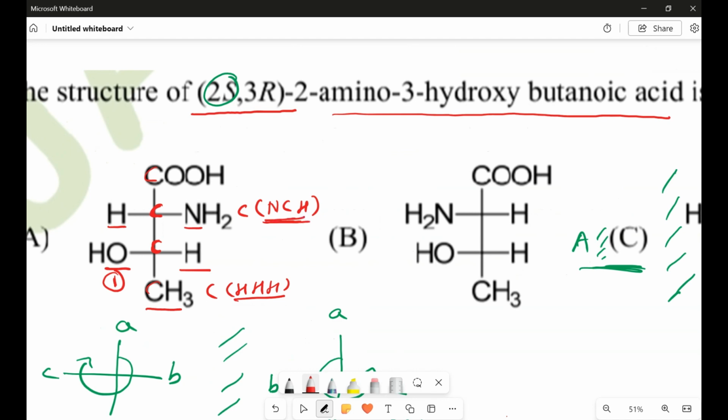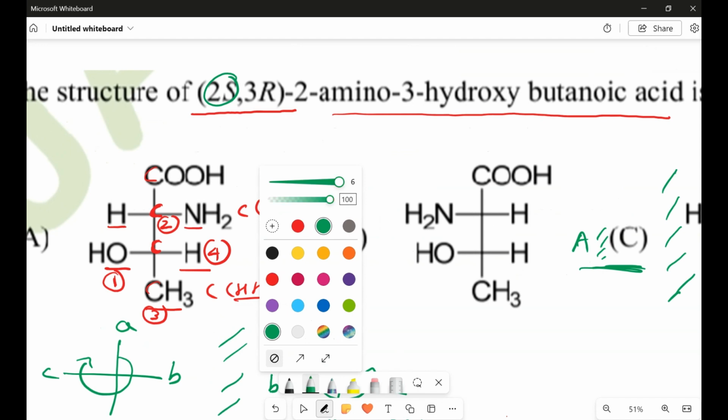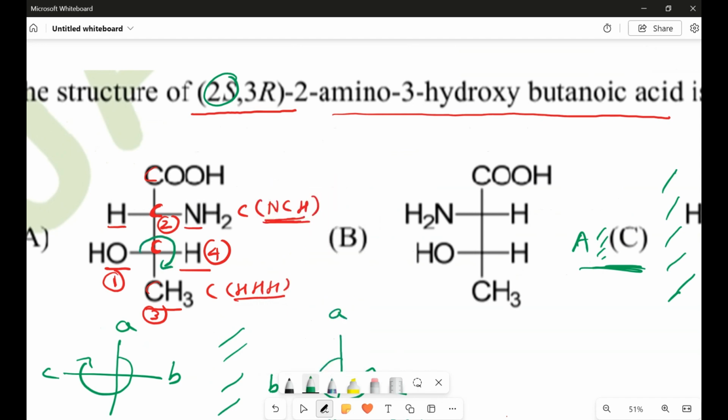So one, two, three, and four. Now when I traverse a semicircle from 1 to 2 to 3, it takes a clockwise rotation. Clockwise rotation means R configuration.